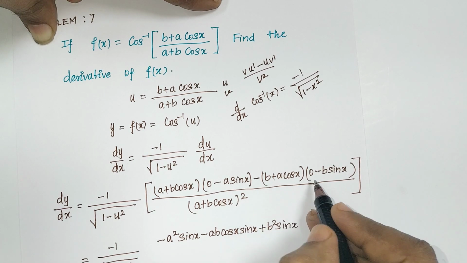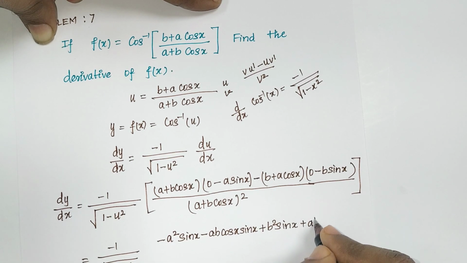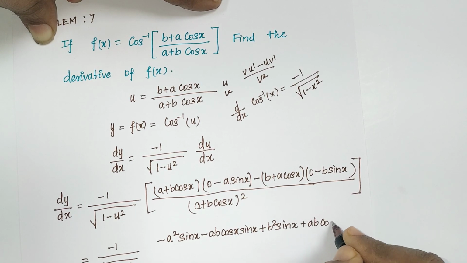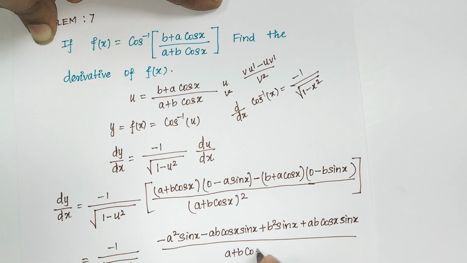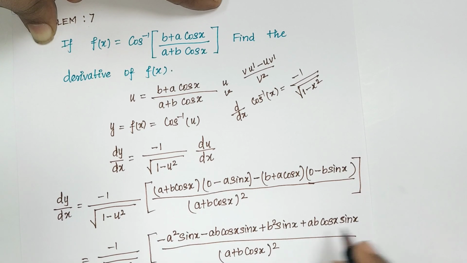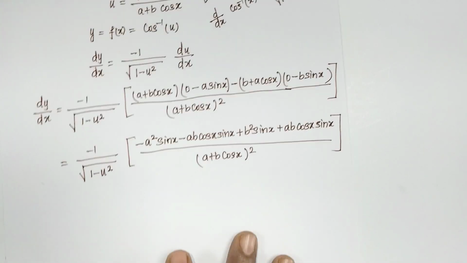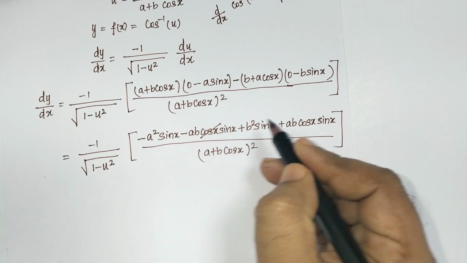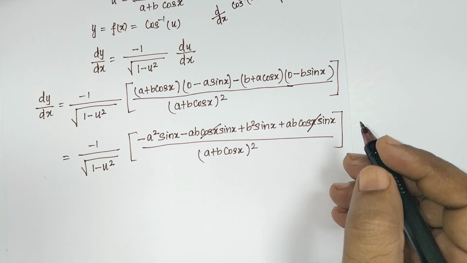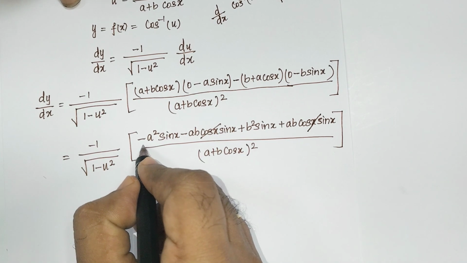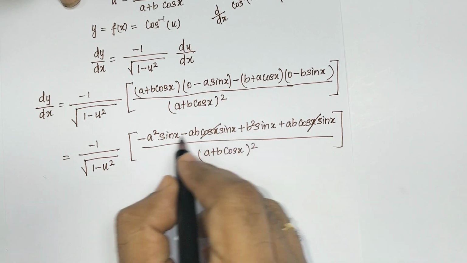Next again plus ab cos x into sin x, divided by (a plus b cos x) whole square. Here I will cancel minus ab cos x sin x and plus ab cos x sin x. Here you will have minus a square and plus b square, with the common term sin x.